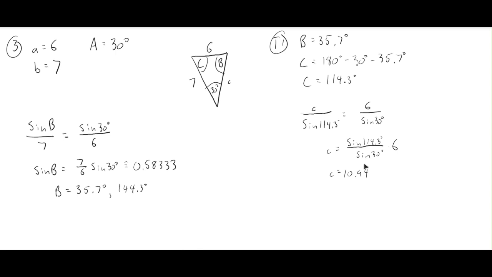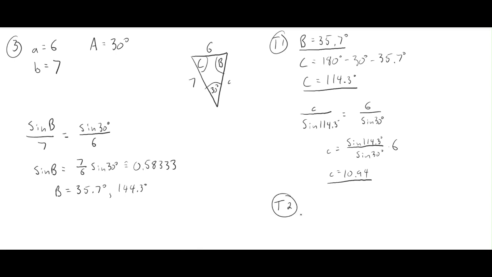Okay, so triangle 1 has B equals 35.7, C equals 114.3 degrees, and side length C is 10.94. So that's one possibility.